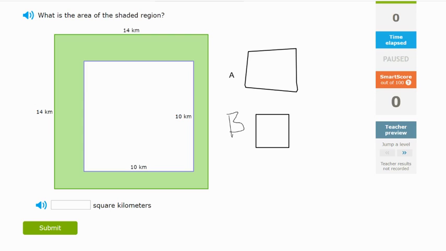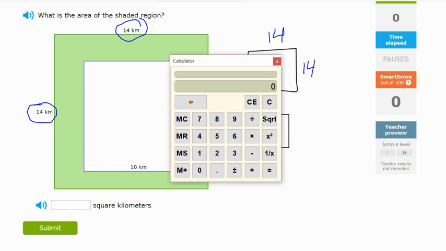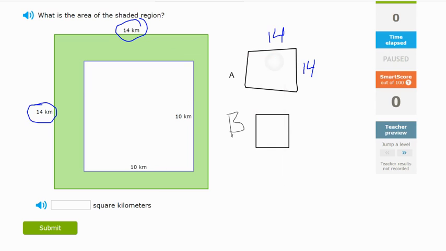Looking at rectangle A, we have a base and a height of 14. And so we could take 14 times 14 using my calculator. You can use the squared button, is 196. If we look at rectangle B, we have a base of 10 and a height of 10.